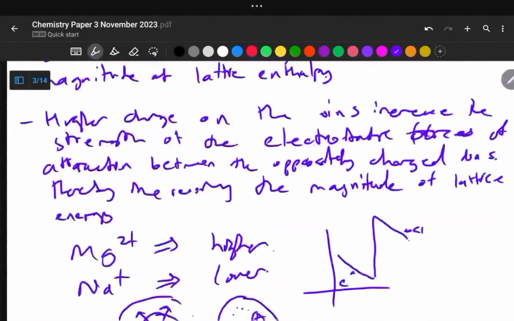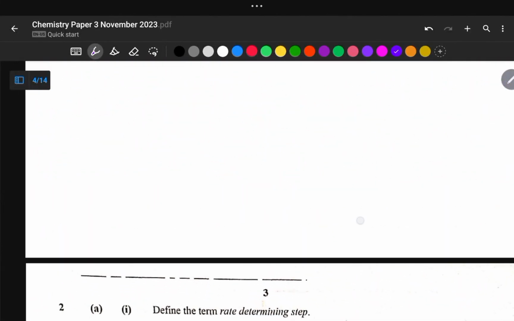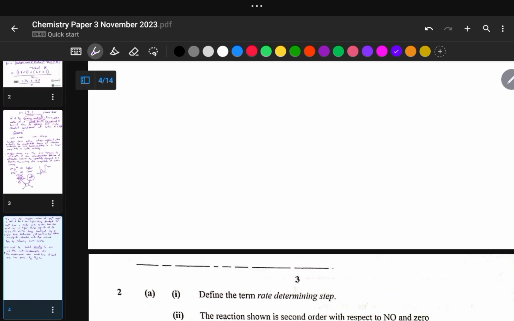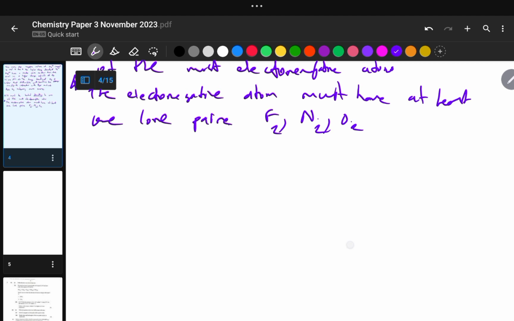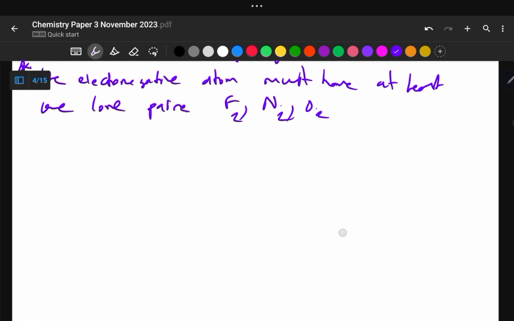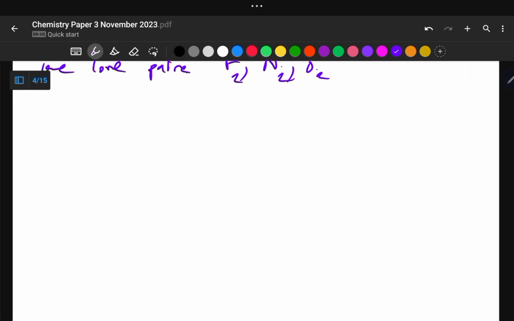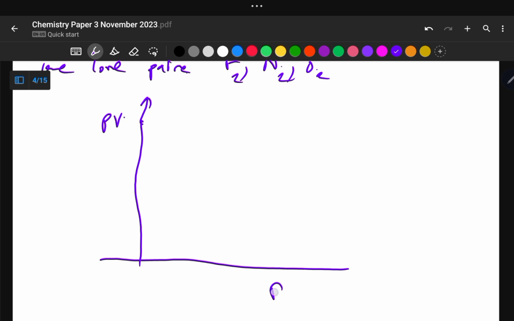So let me add another page so that we can draw the graph clearly, right? So it's PV. This is my PV against P. This is my horizontal axis. And here we have the ideal gas. So this one is the ideal gas.